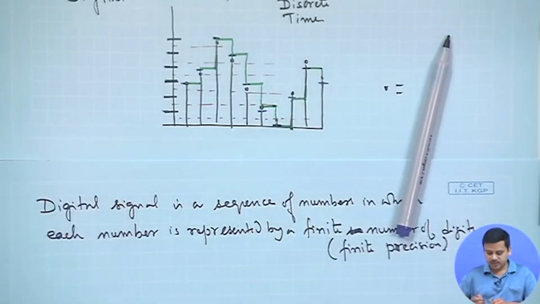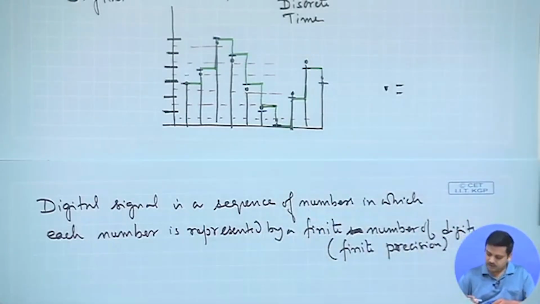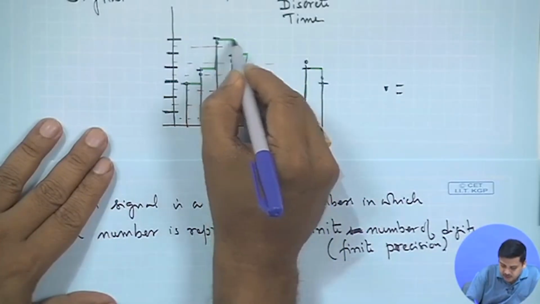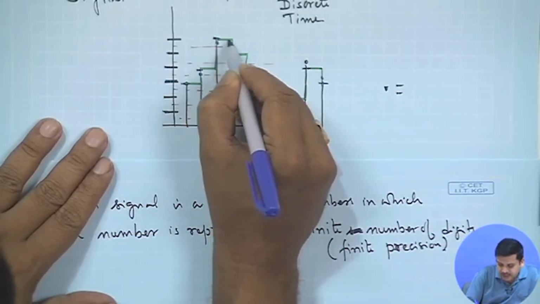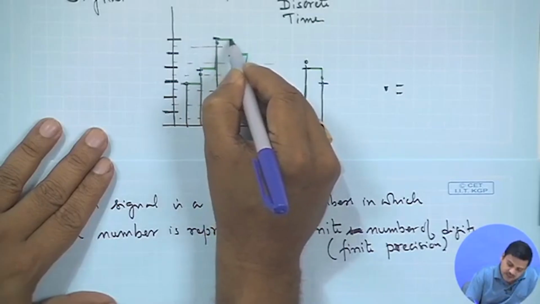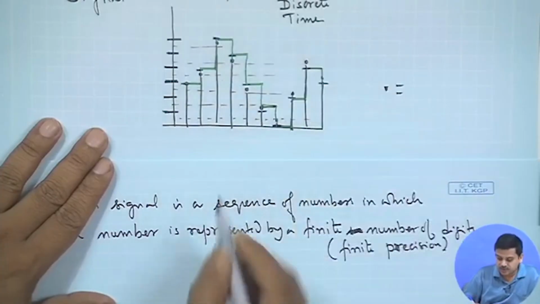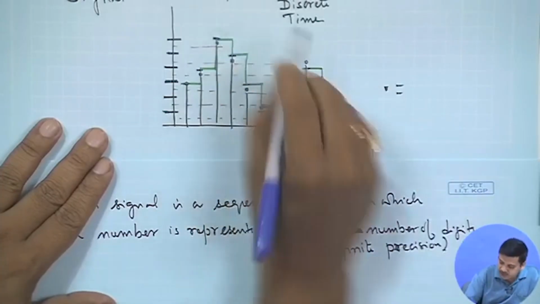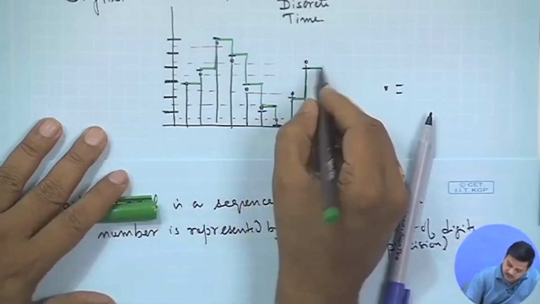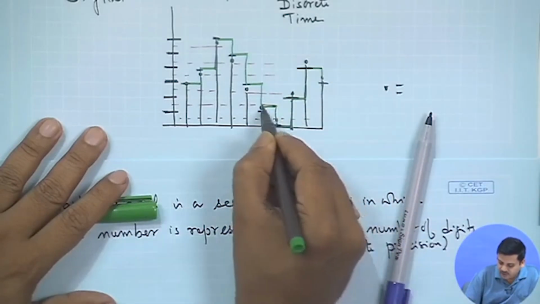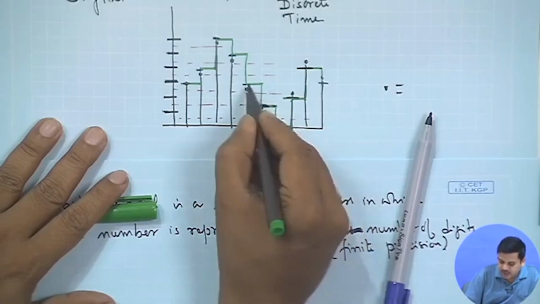This is how the signal might look once you have converted to a sequence which is mapping to a particular level. Why I have drawn this is that I have simply indicated that this value is held for this time. So, one can reconstruct the analog signal in this way. What we mean is that we have conformed to this level, we have conformed to this level, we have conformed to this particular level.